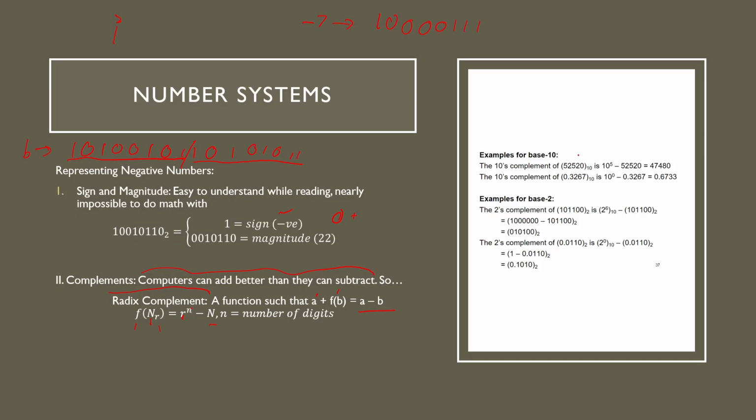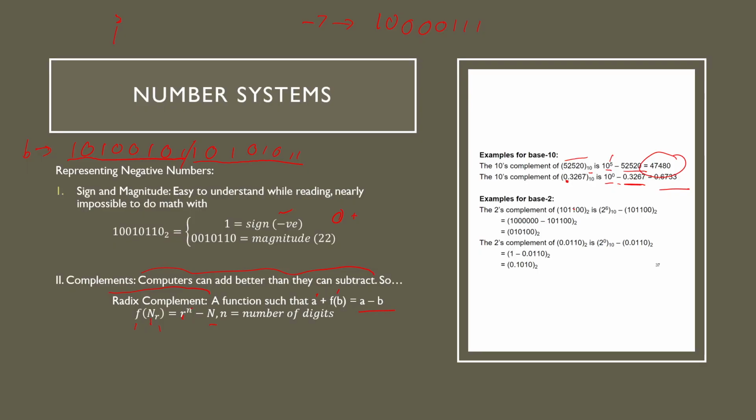So the radix complement of 52520 over here in base 10 is the base to the power of the number of digits, 5, minus the actual number, which is this. Similarly, this is another number, 0.3267. There are 0 digits here, so there's nothing before the decimal point. So 10 to the power 0 minus 0.3267 is equal to 0.6733.